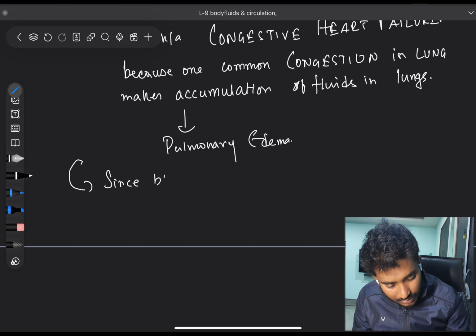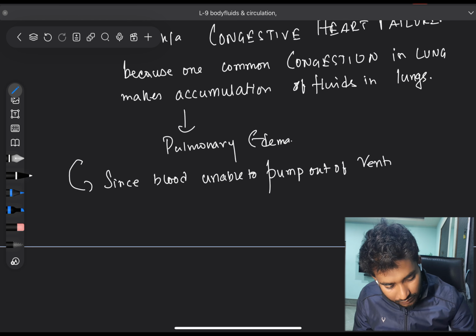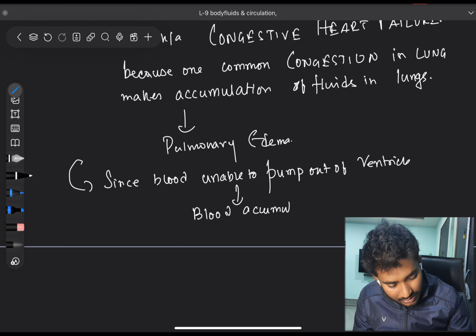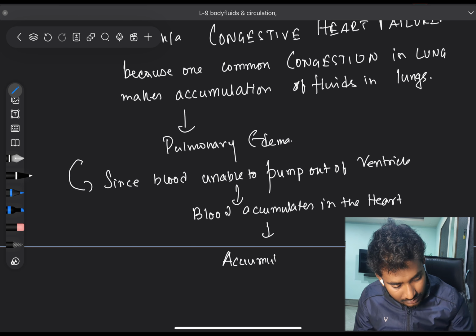Since blood is unable to be pumped out of the ventricle, blood accumulates in the heart, thus accumulated.